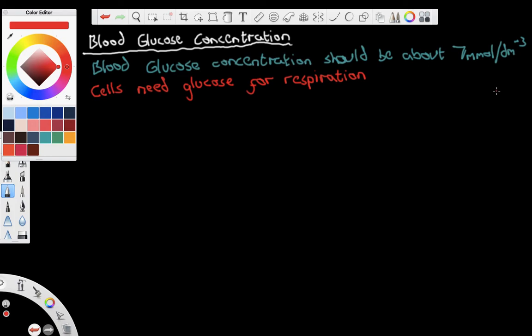Now, glucose is transported around the blood and it can fluctuate highly.